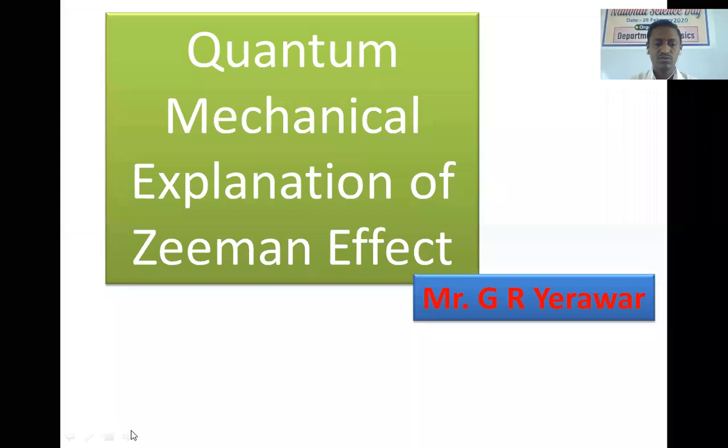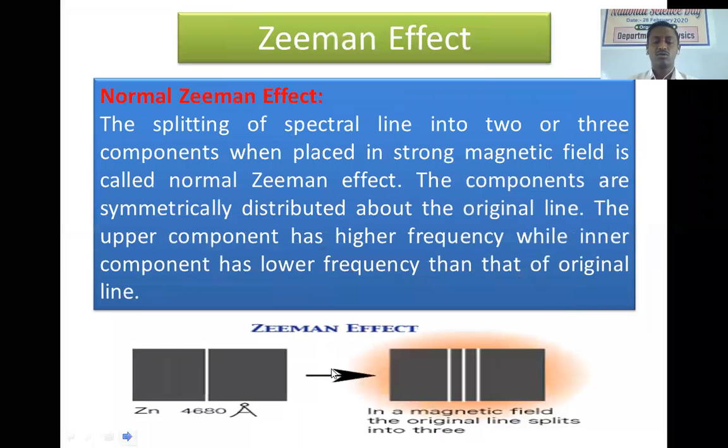Now, as we know, the splitting of the spectral lines into two or three components when placed in a strong magnetic field is called the normal Zeeman effect. The components are symmetrically distributed about the original line.